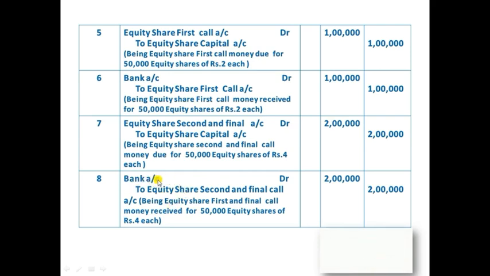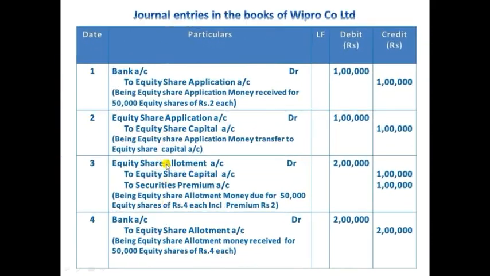So we need to debit the bank and we need to credit equity share second and final call account, because as the last installment the bank balance is increasing, so we need to debit the bank and credit the equity share second and final call account. And we should write the narration being equity share second and final call money received for 50,000 equity shares of rupees 4 each.